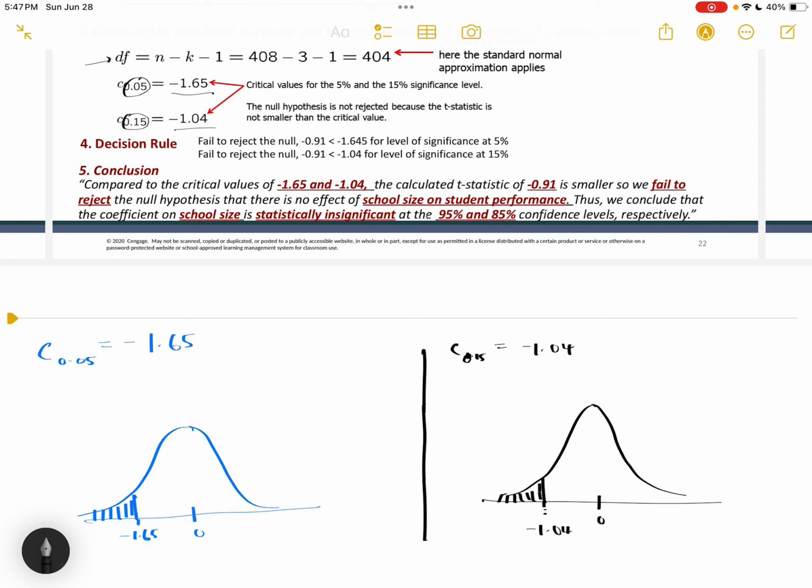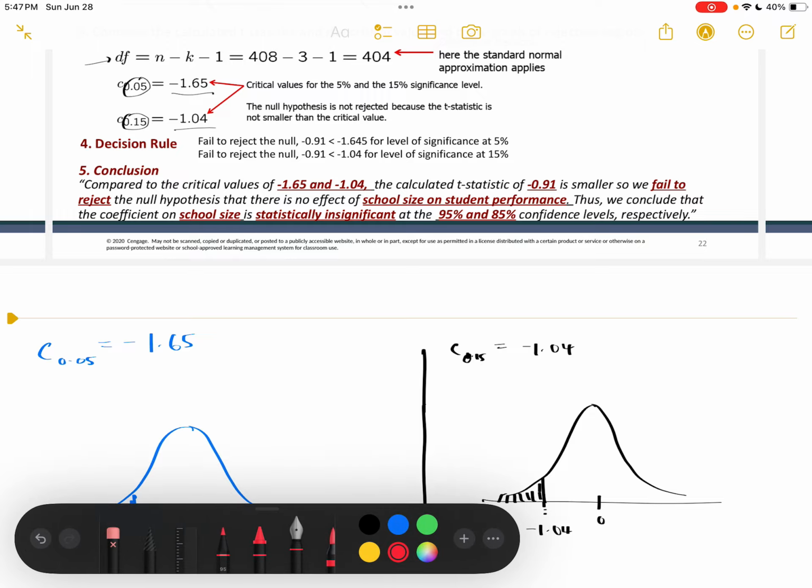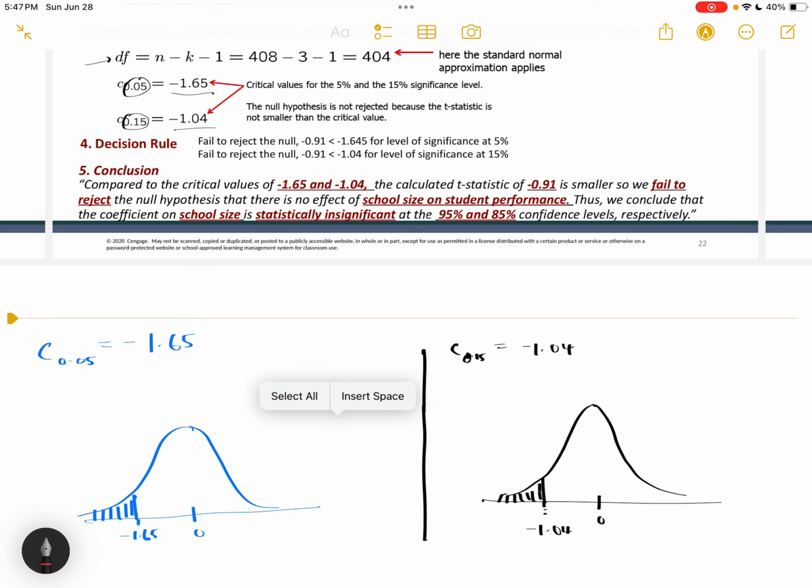This is negative 1.04, and let me shade that up. The rejection region is what I have shaded. The unshaded region is where we fail to reject the null.